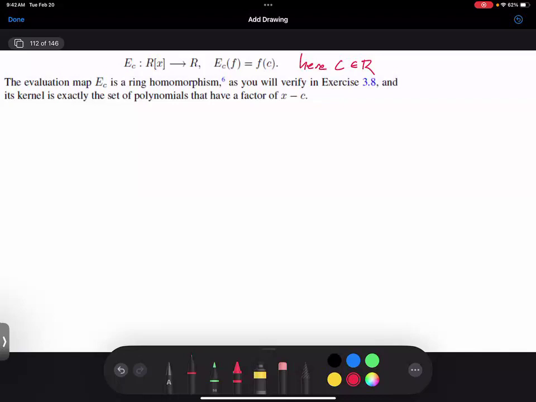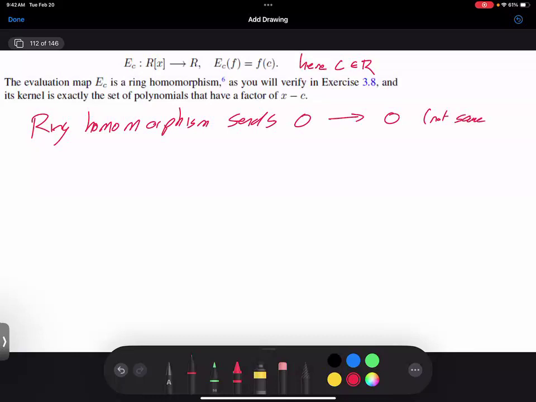Well, if it's a ring homomorphism, what does 0 have to go to? It has to go to 0. So when I evaluate the polynomial at c, if I want it to go to 0, this is basically saying you need to be a multiple of x minus c. The ring homomorphism sends 0 to 0, not the same 0.